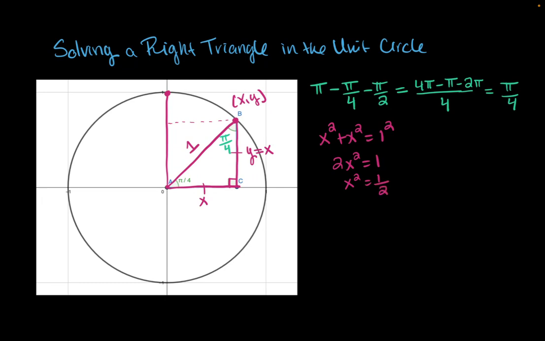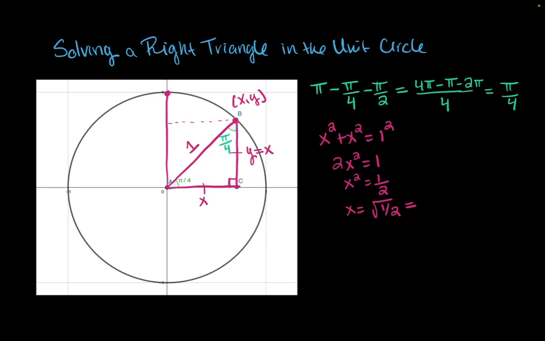Now I can take the square root of both sides, and I see that x is equal to the square root of 1/2. Normally we talk about doing plus or minus when we take the square root, but since we are looking for lengths, it's not going to be negative in this instance, because x and y are both positive since we're in quadrant 1. So we just need the positive square root.